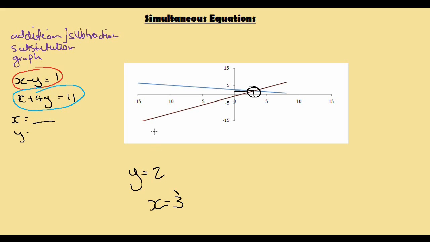But the downfalls to this method are that, as you can see, if you don't draw a nice big graph, like what I've just done here, then it's not quite as accurate as you might hope. So the aim would then be to draw another graph, or to do it more accurately in the first place, so we can find the values of x and y more accurately.